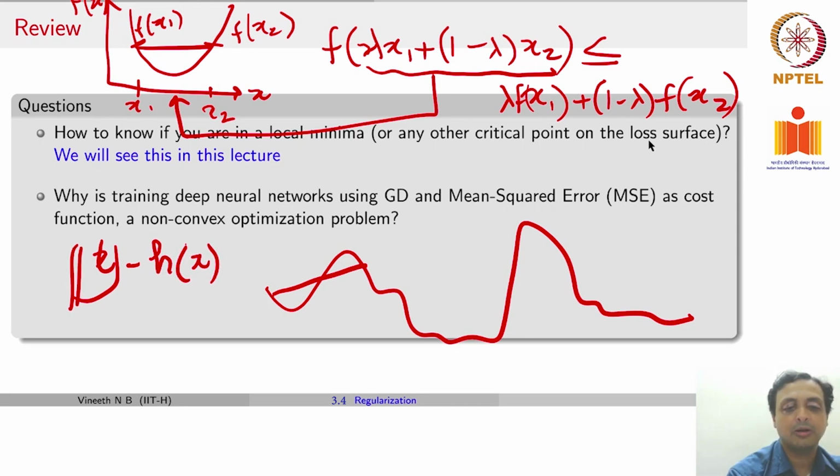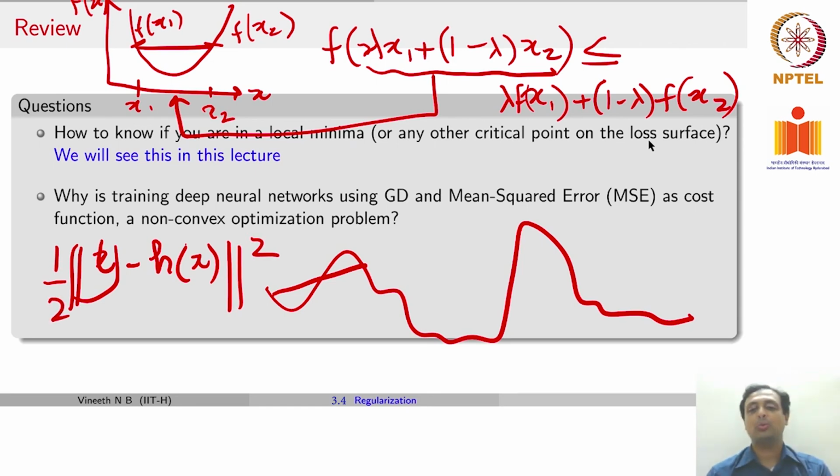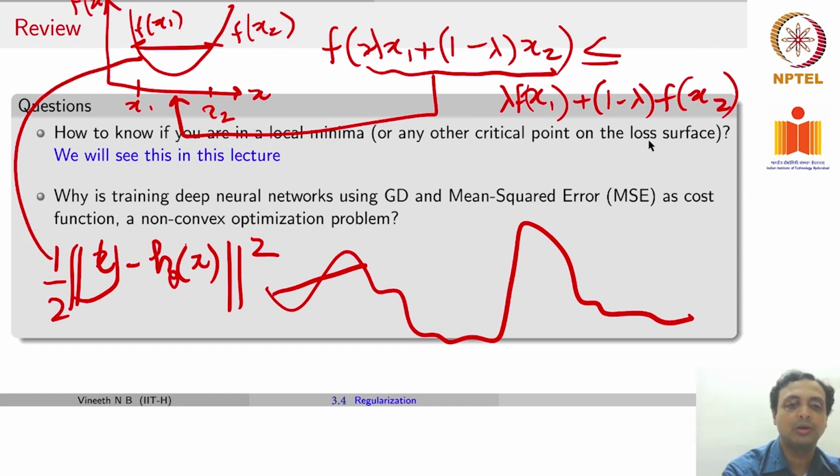Mean square error tries to minimize the square of these terms, and of course you take a mean. Half can be added for simplicity. By one look at it, you can say that mean square error is a quadratic function, very similar to what we drew here, and it would turn out to be a convex function.